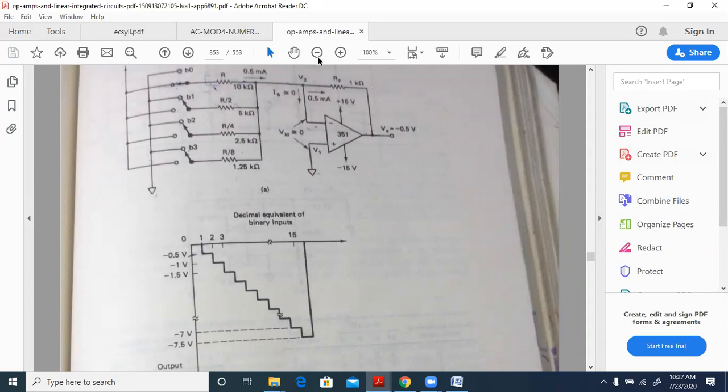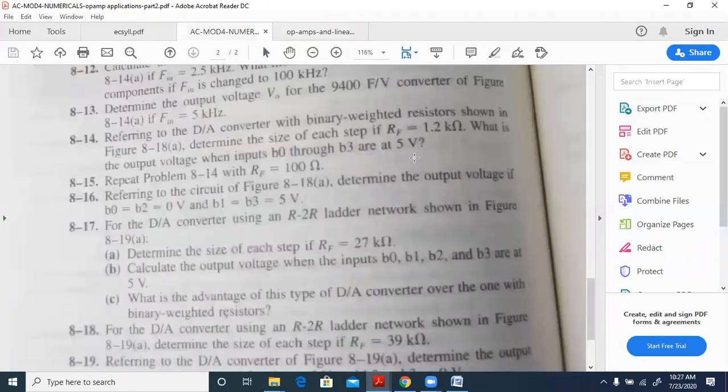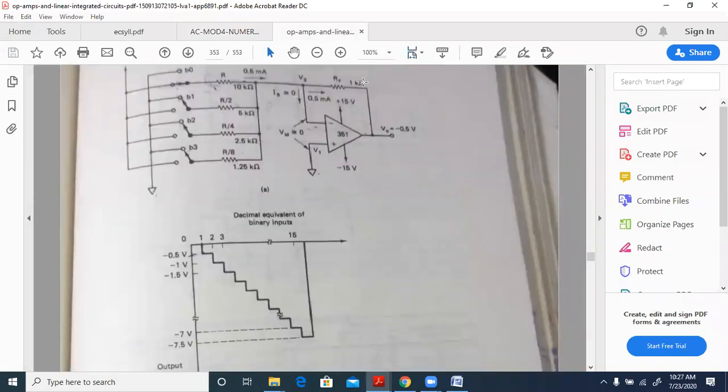Now the only difference in the numerical which is given to us is RF is equal to 1.2 kilo ohm. If RF is equal to 1.2 kilo ohm, then the step voltage will become 0.5 milliamperes into 1.2 kilo ohm.